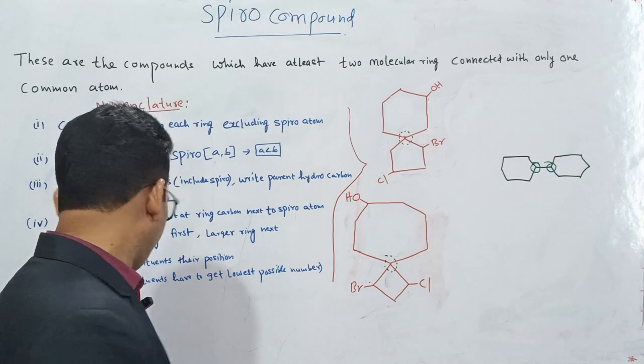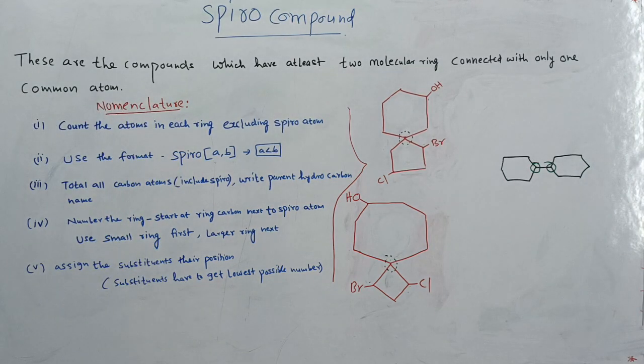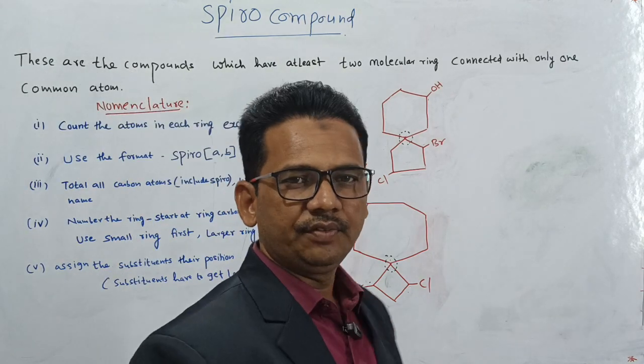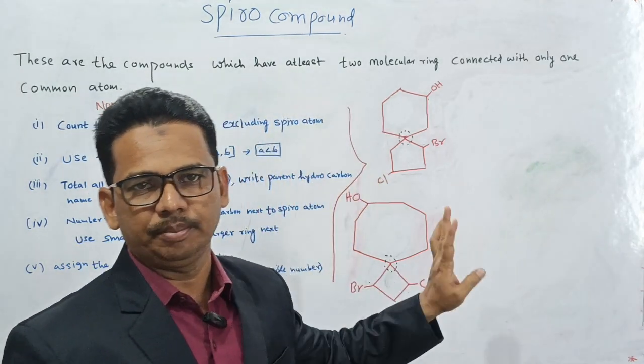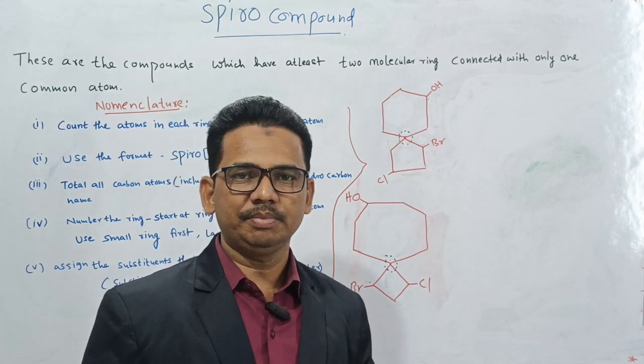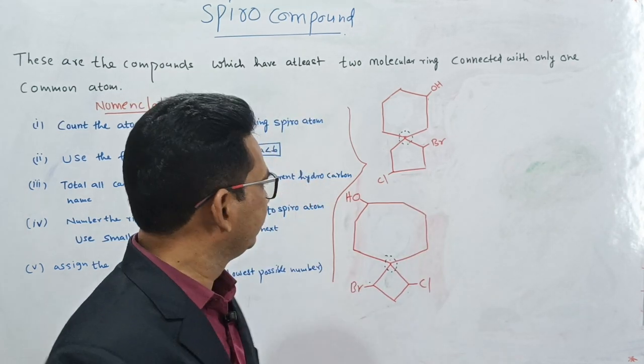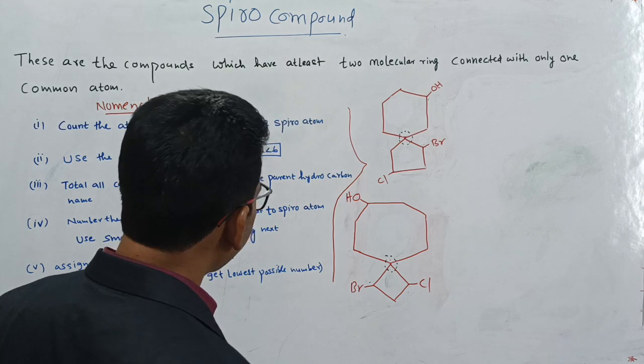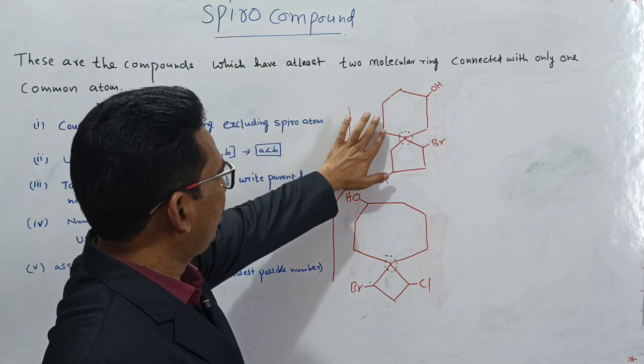Then next, how are we going to give the nomenclature? Here I chose two examples for giving the nomenclature. If you observe these two examples, you will understand very well. In this case you can see the Spiro compound is there.